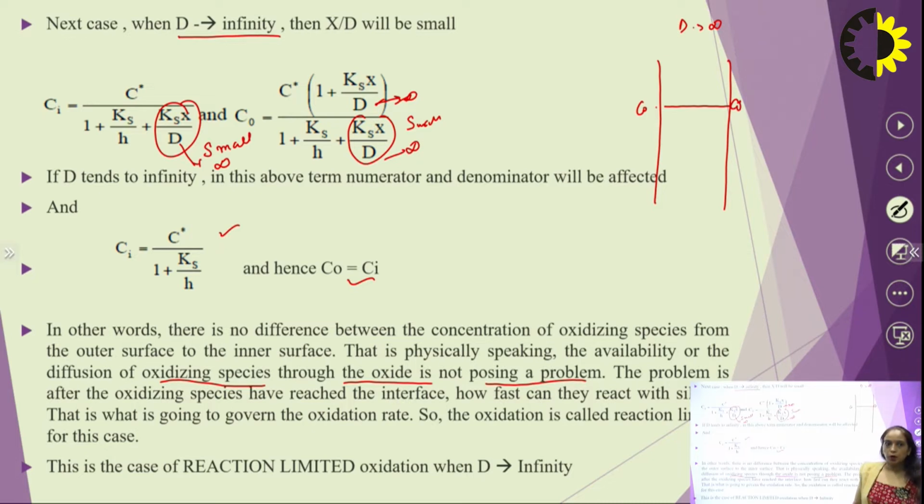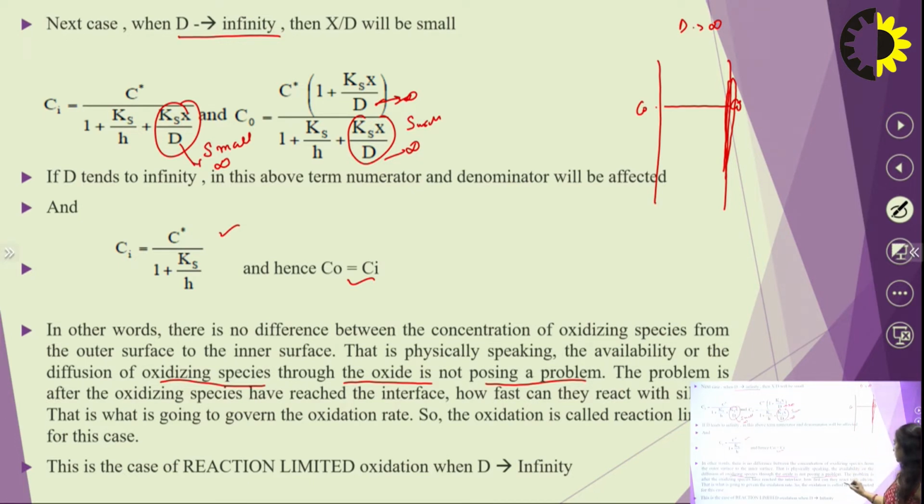The problem is when your oxidizing species reach this interface, how fast the growth will take place. This obviously depends on the availability of silicon. If your silicon is heavily doped, the growth process will be very fast, and if your silicon is slightly doped, the growth process will be slow.